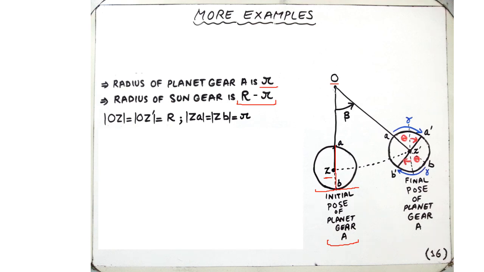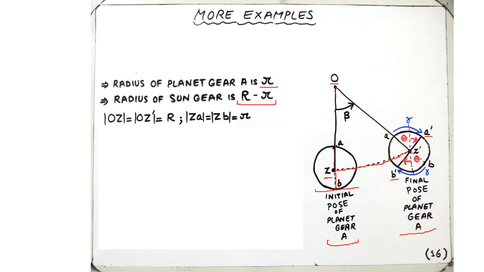However, as the planet gear A rolls around the periphery of the Sun gear, it moves in an arc and relocates its center to a new point Z prime. And once it reaches its final pose, the initially vertical line AB has now become a slanted line A prime B prime.